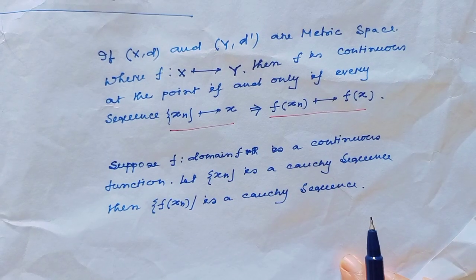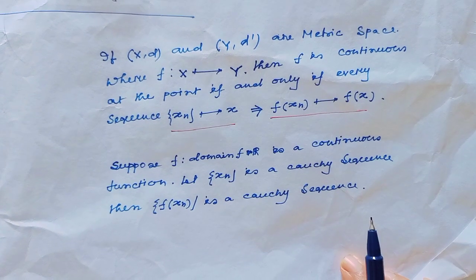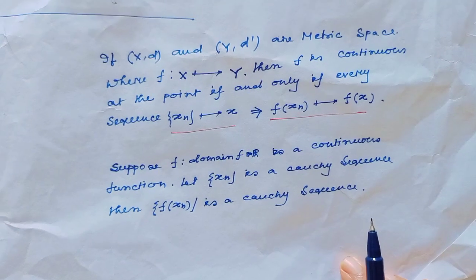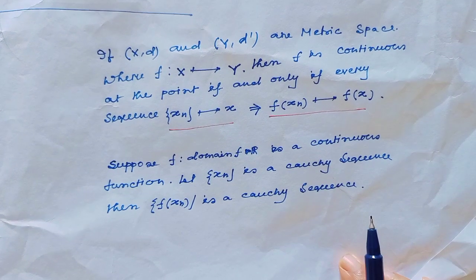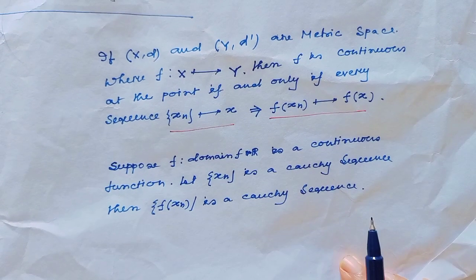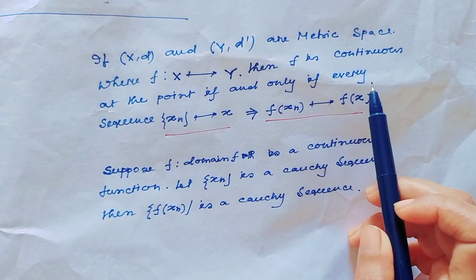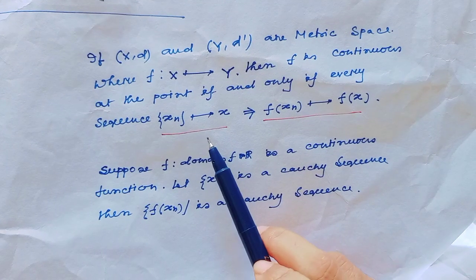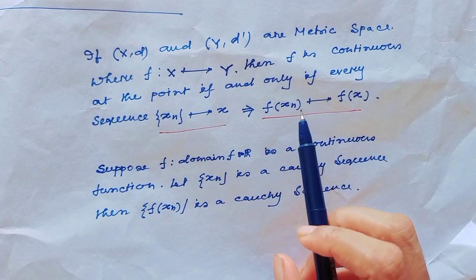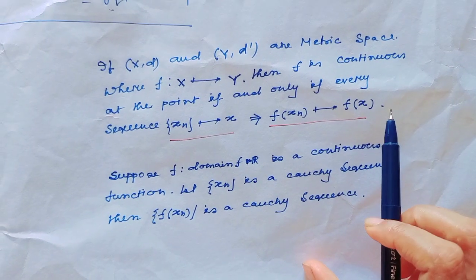In continuity, all of us know that if (X, d) and (Y, d prime) are metric spaces and f is a function mapping from X to Y, then f is continuous at a point if and only if every sequence xn which converges to x implies f of xn converges to f of x.